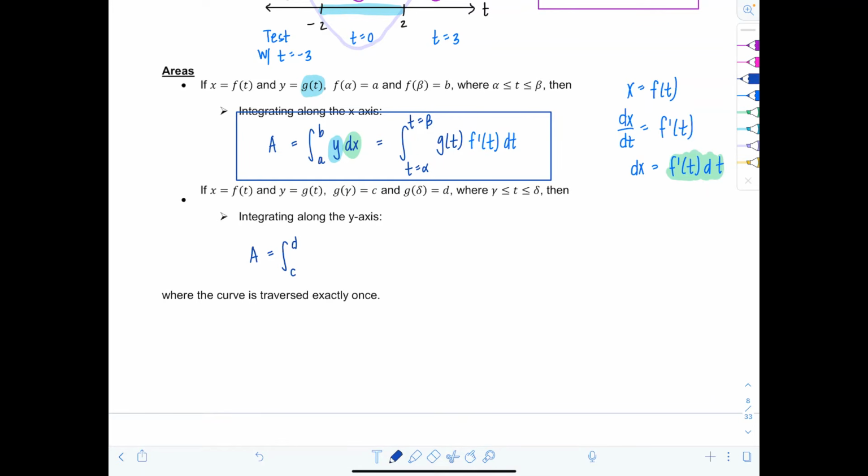They just switch, so you have x and then dy. And then similarly, you would have your integral from t equals gamma to t equals delta. I'm going to replace x with f of t, and then dy gets replaced with g prime of t dt. So here's the other formula.